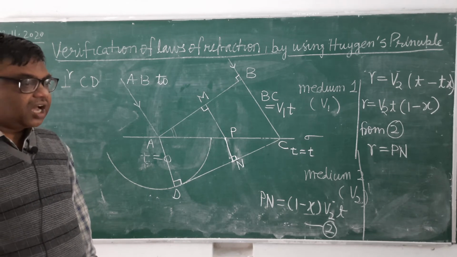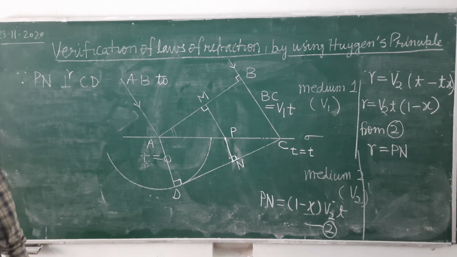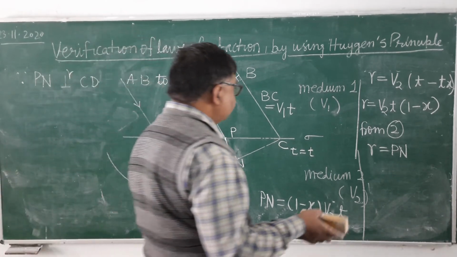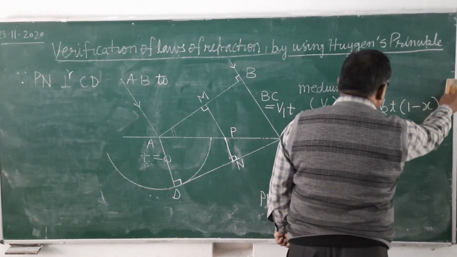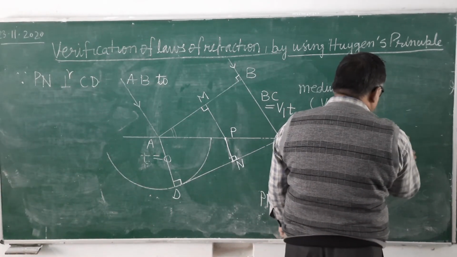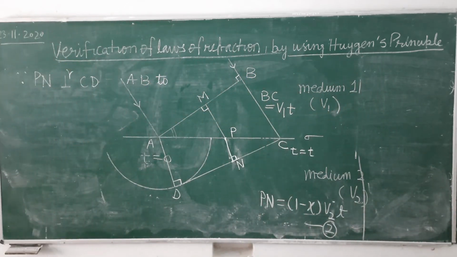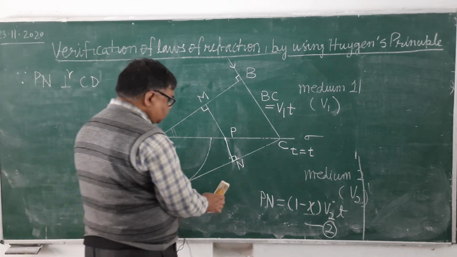Since P is an arbitrary point, therefore it will be true for all other points situated on the refracting surface.